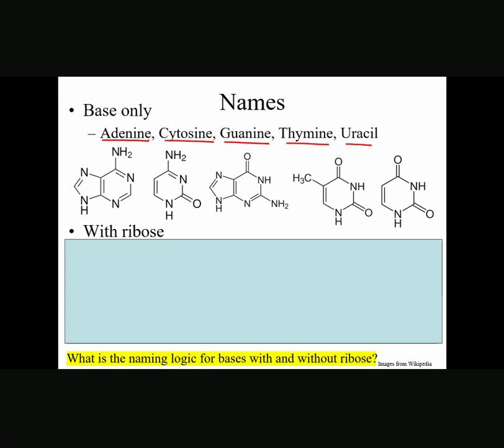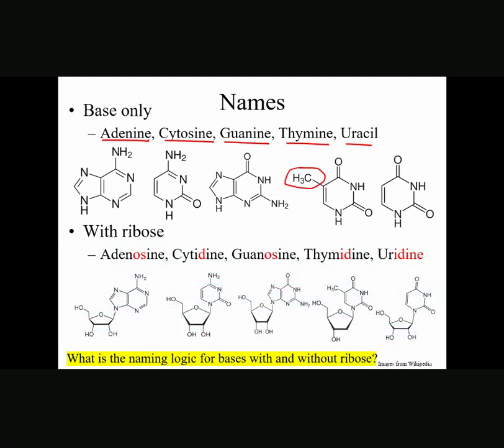But as far as the pure naming convention, adenine, cytosine, guanine, thymine, and uracil are the names of these. Adenine, cytosine, guanine, thymine, those are the DNA bases. And in RNA, we use uracil instead of thymine. And of course, notice the only difference between thymine and uracil. That's it, the only difference.